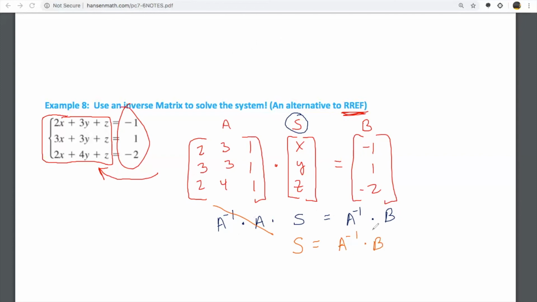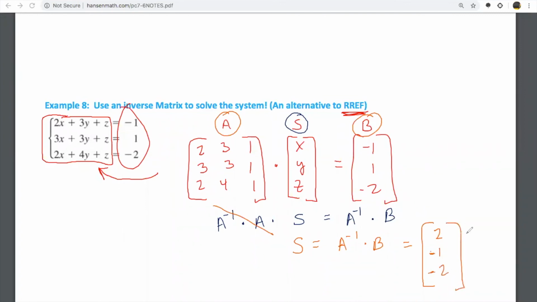So this might be a good time to hit pause. If you enter this into your graphing utility as matrix A and enter this as matrix B, and if you perform A inverse times B, you will get the following matrix of 2, -1, -2.